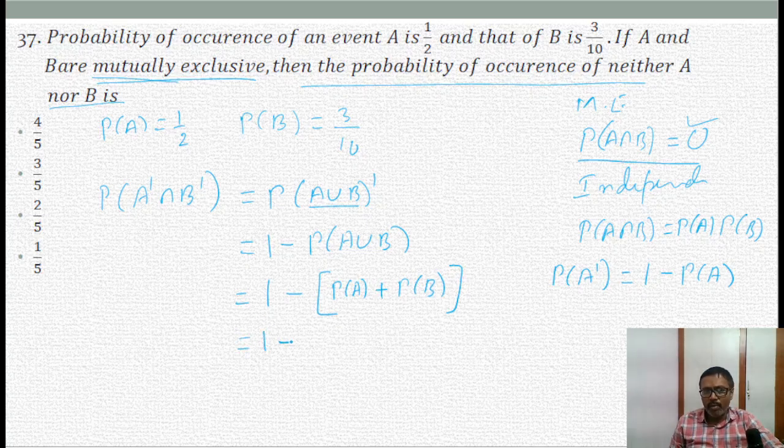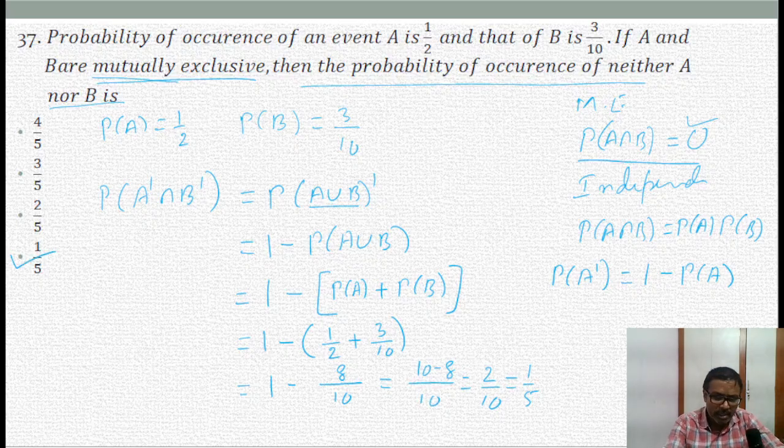Then it is 1 minus of 1 by 2 plus 3 by 10. Just calculate this, you will get 10 as the LCM. 2 5s are 5 plus 3, 8. So this will give you again 10 as the LCM. 10 minus 8, that is 2 by 10. So your answer is 1 by 5. So option 4 is the right answer, friends, for this. Let us move on to the next question.